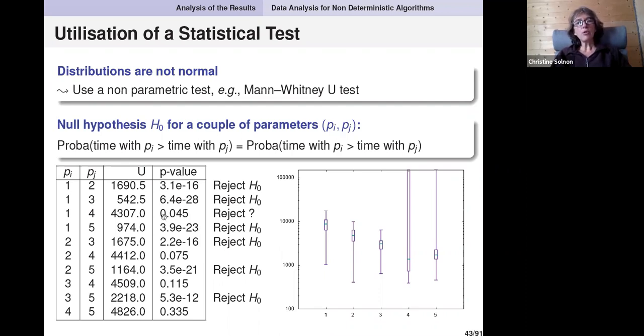So if my threshold is 0.05, then I am going to accept the null hypothesis for the two parameters 1 and 4, whereas if it is lower than that, for example if it is 0.01, I'm going to reject it. And now what I see is that this statistical test tells me that I should reject all null hypotheses except for 2, when I compare 2 and 4.